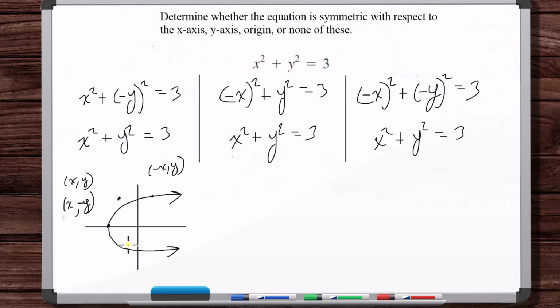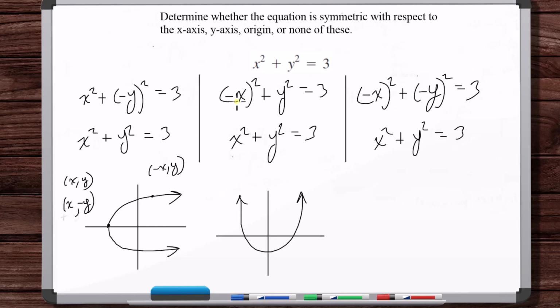You see? Now, symmetric with respect to the y-axis, it's the same idea, just for the y-axis. It's everything we just talked about, but it applies to the y-axis. If you flip about the y-axis, the graph doesn't change.